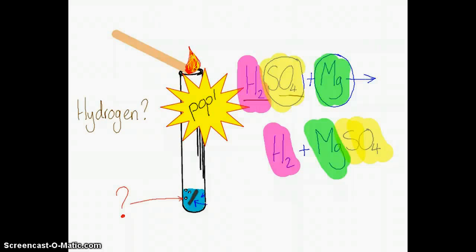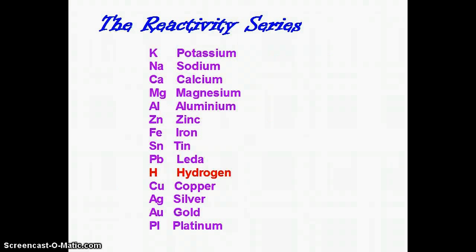Now you can make predictions on what's going to happen in a chemical reaction if you know how reactive the reactants are to begin with. And this is where the reactivity series comes in. The elements in the reactivity series have been ordered by how reactive they are, with the most reactive elements at the top.